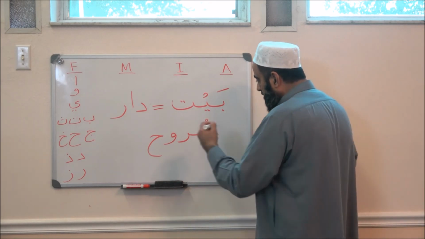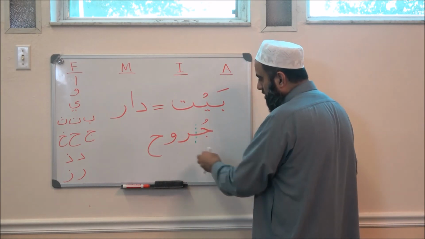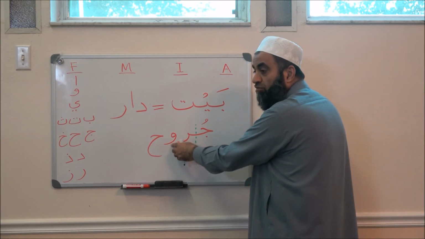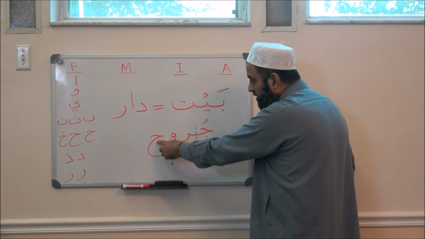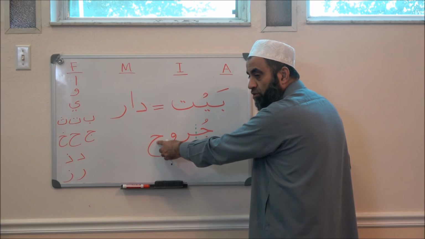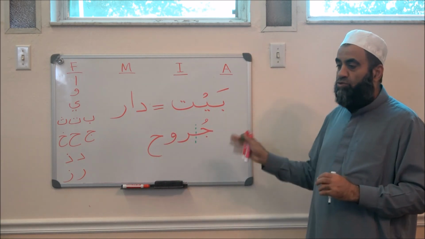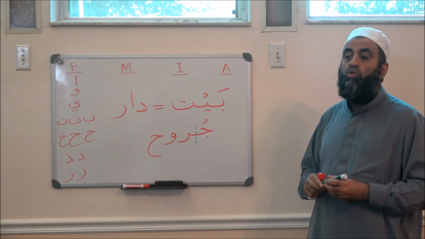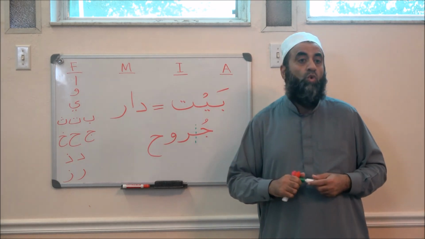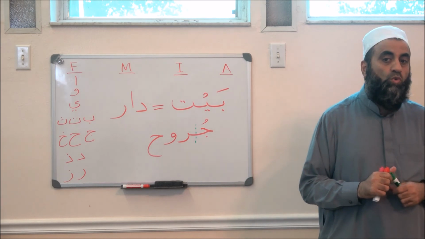So here's my first syllable, ju. Consonant plus a long vowel, that's my second syllable. Does this have anything? No. What do I assume? Sukoon. So it goes with that syllable. So two syllables in this word. Juruh.